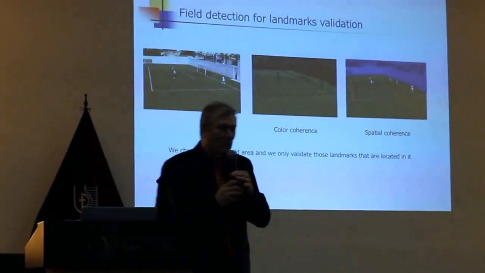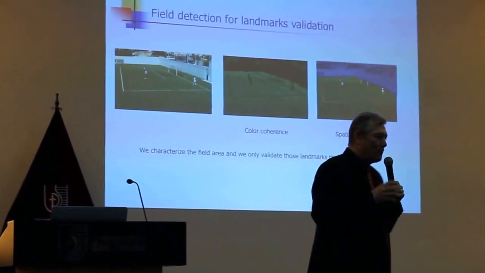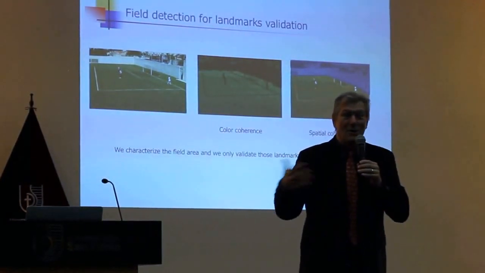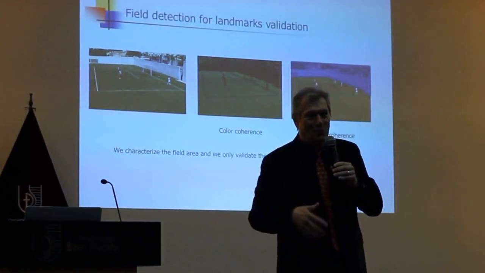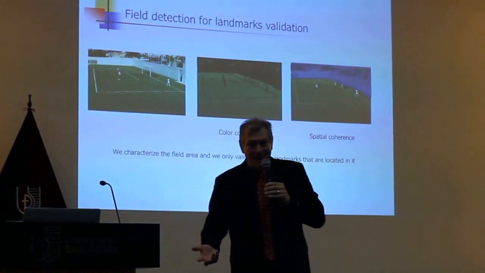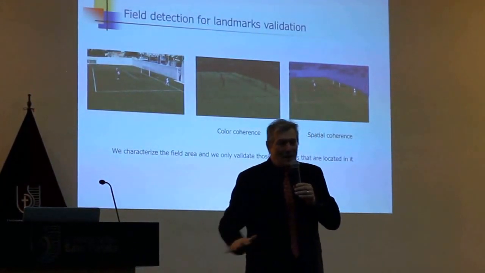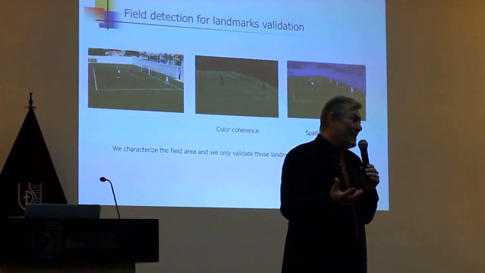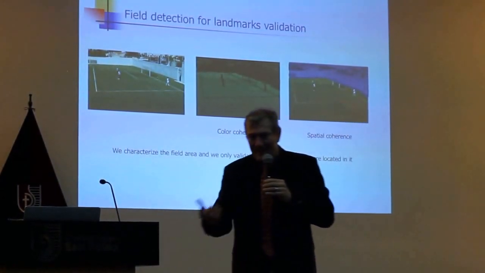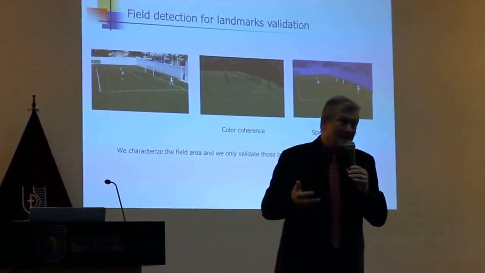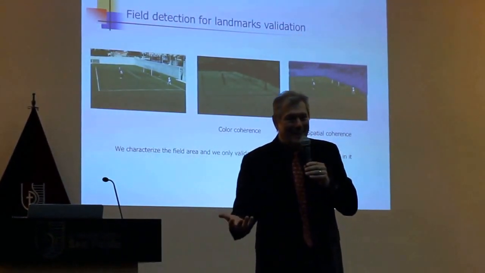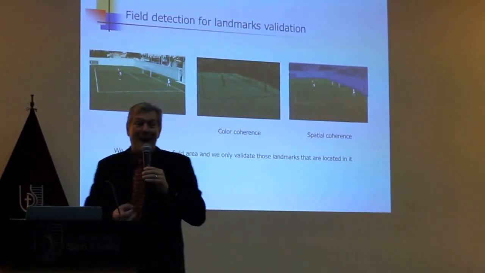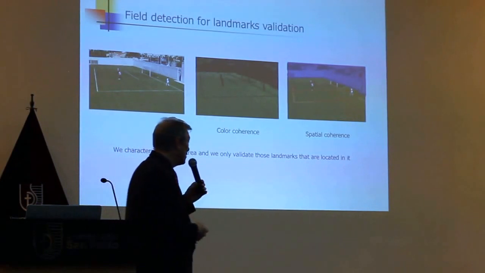Color coherence is that we look for something of the same color, but the same color is something very difficult to define, as I told you. In this case, it's green, but a green area with a lot of light looks like white. A green area in the shade is almost black, and other colors can look similar to that. So I will show you how to make this selection.